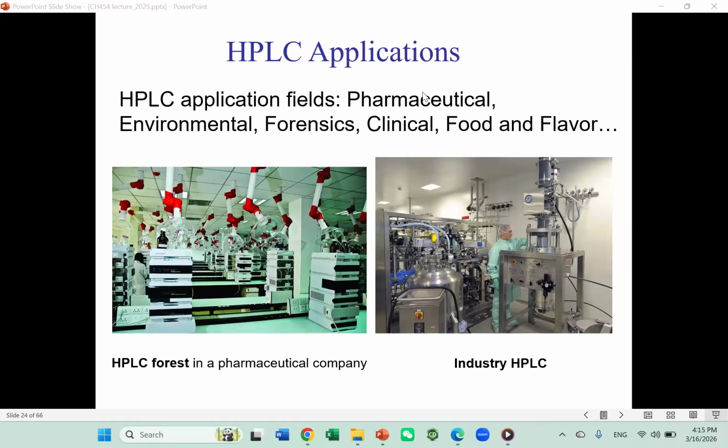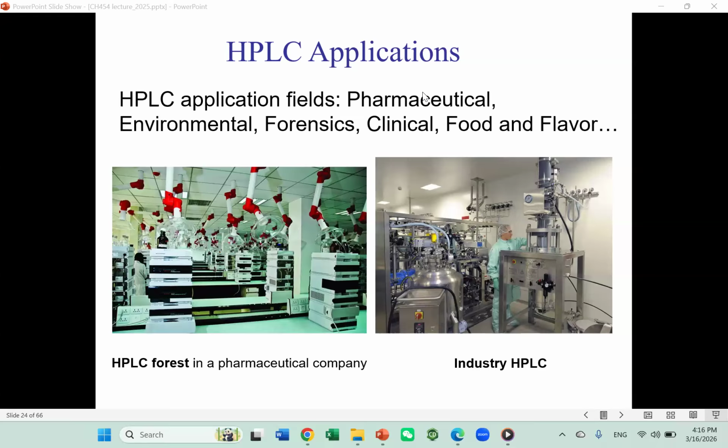Forensics: people use HPLC to identify illegal drugs by analyzing urine, sweat, even hair. Or athletes who use anabolic steroids to improve their performance. It's pretty easy to check their urine; by HPLC you can easily identify the illegal component.